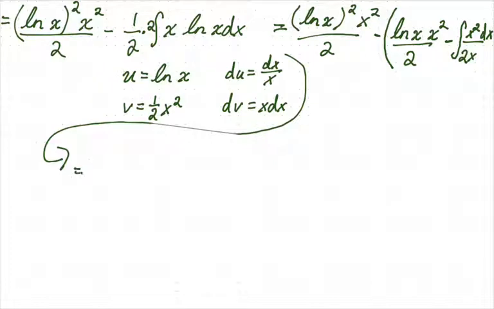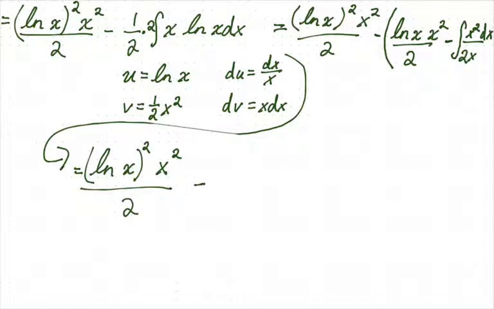So this is equal to that ln of x quantity squared times x squared all over 2 minus, I'm going to distribute the minus sign through, so that's ln of x times x squared, and I'm just putting the parentheses on there so I know that the x squared isn't in the ln, and then minus negative the antiderivative, so that'll make a plus.